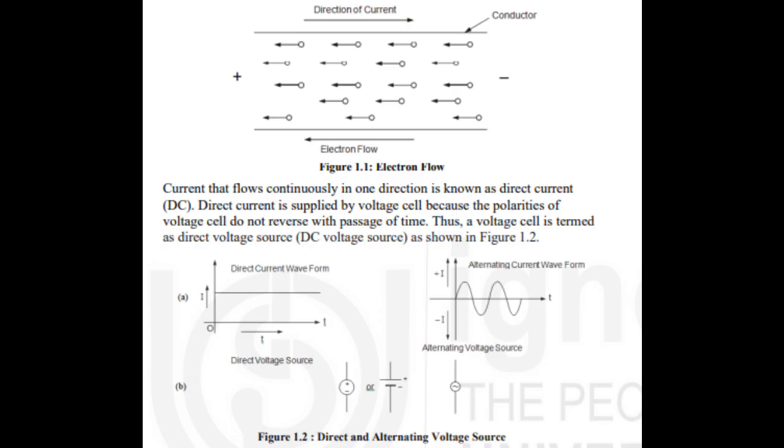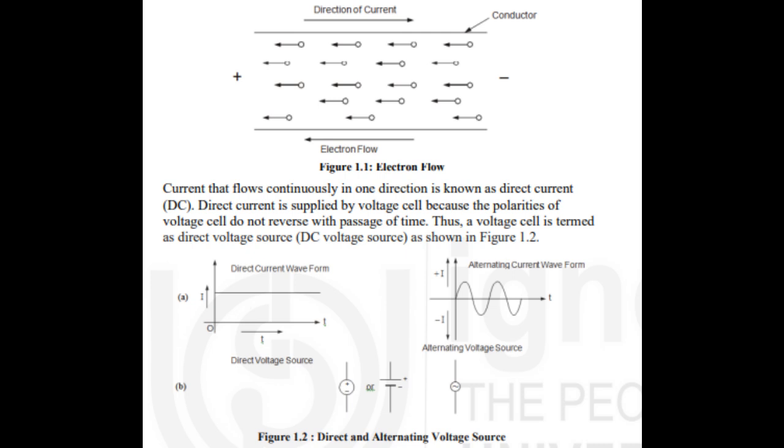Conventionally, the current produced by flow of electrons is supposed to be the flow of positive charge and, thus, flows from positive potential to negative potential. The unit of current is ampere, A, and its symbol is I. Figure 1.1, electron flow. Look at the screen.